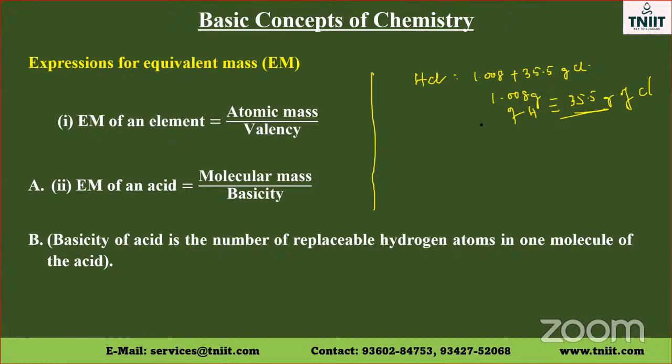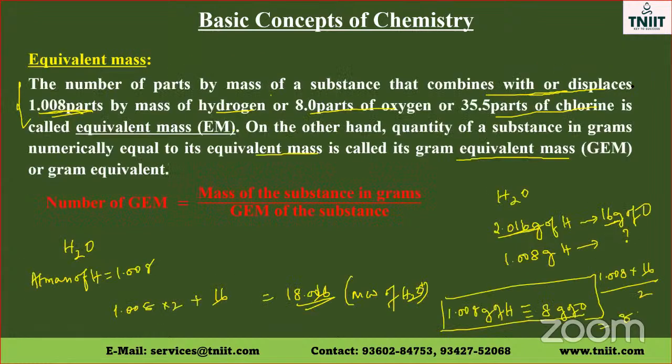So the definition goes like this: number of parts by mass of a substance that combine with or displace, we will learn about the displacement in a few minutes' time, combines with 1.008 part of hydrogen, or 8 part of oxygen, or 35.5 part of chlorine, or 23 part of sodium, or we can go on telling about all the elements in the periodic table.